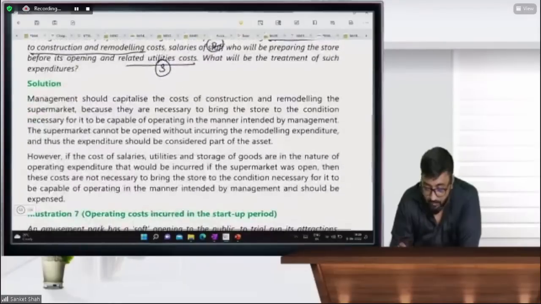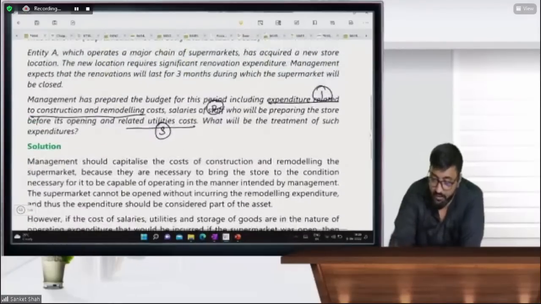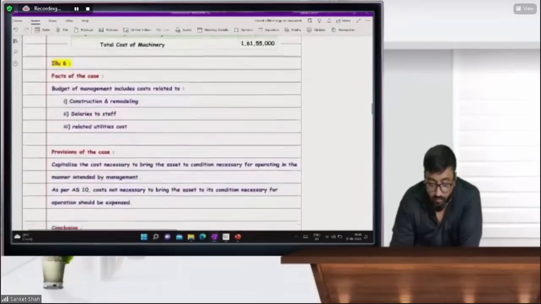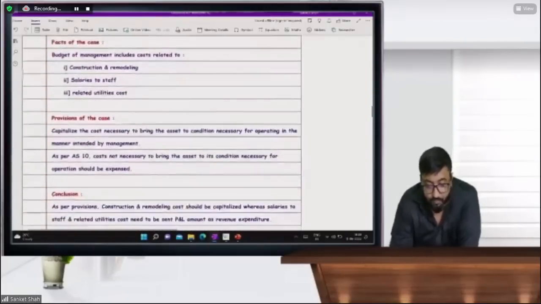So beta, the first cost is capitalized. Salary to staff who prepare the site before opening, beta, these are P&L items, and other related cost is also P&L. So there are 3 costs.